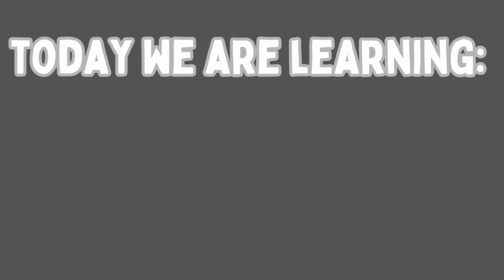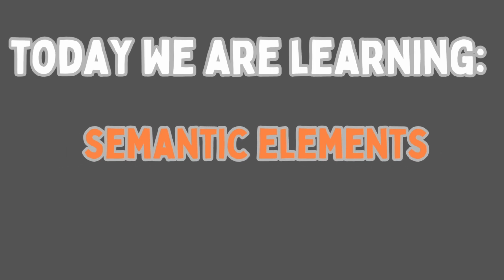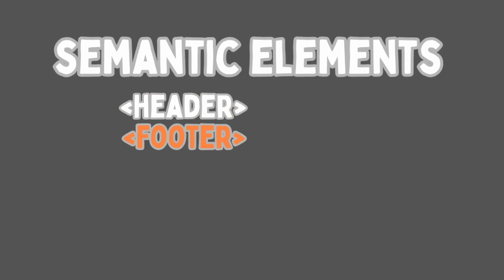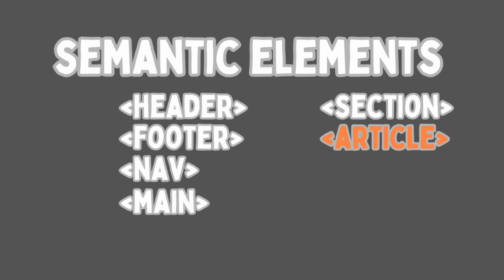Today, we're going to cover a really important topic that takes your HTML to the next level: semantic elements. Semantic elements like header, footer, nav, main, section, and article help you give your content meaning.